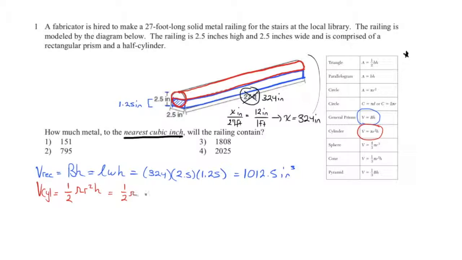Plugging in, for our radius, we're going to have to use half of this circle, which, remember, we figured out to be 1.25 inches. So we'll plug that in, and for the height, which we'll say is going this way, we're going to use our 324. Give me a second while I calculate it.